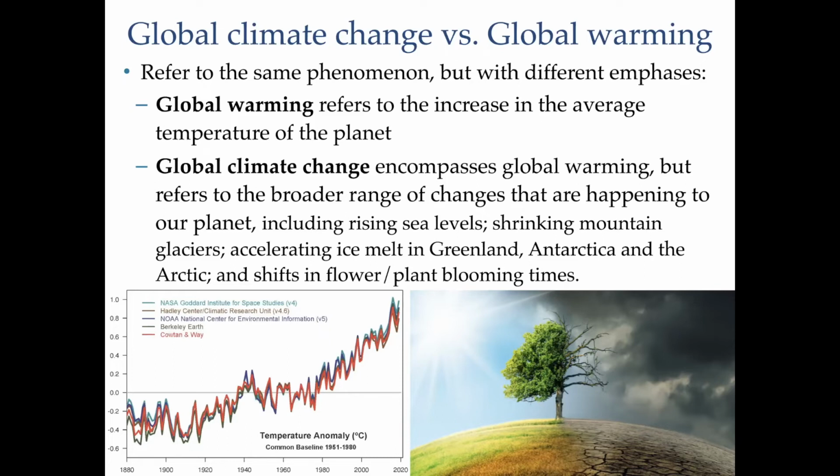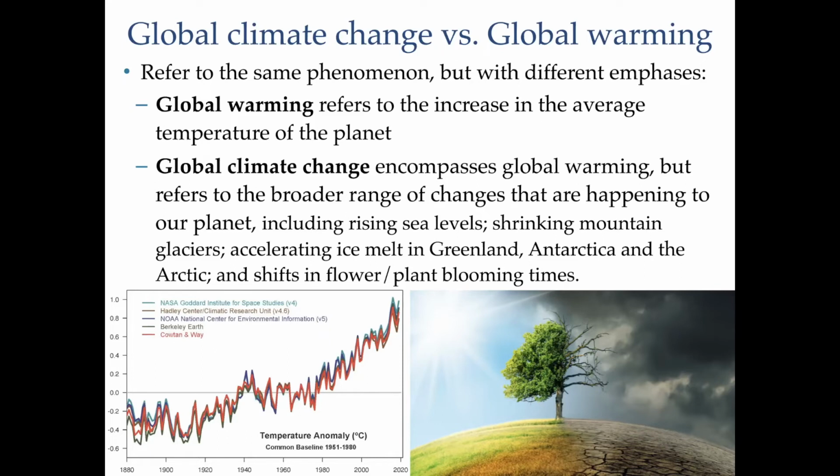In other words, we are going to have climate change, including global warming, but it's not only global warming. Global warming is just the increase in the average temperature on the planet, and climate change goes much beyond that. Global warming is one of the factors, and we have a lot of things happening as well.